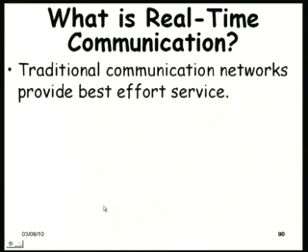Now, let us try to find out what real time communication is about, what its characteristics are, how we define it, and how it is different from traditional communication, because from a first level course we know some basic ideas about computer communication. A traditional communication network provides best effort service.